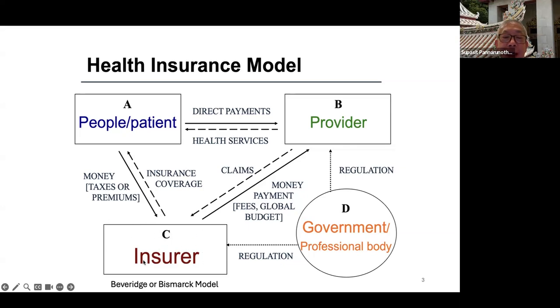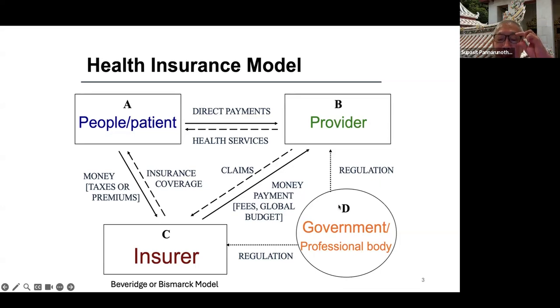And once they have a financing pool, they allocate the budget or set the payment rules to the provider according to the agreed service items that they arrange, or design, as the essential package for the country.